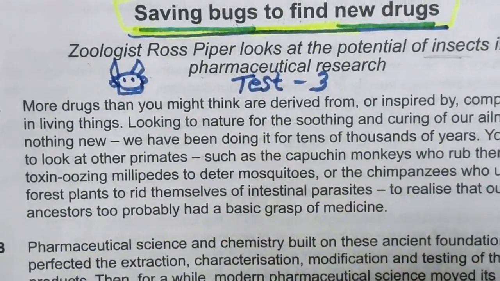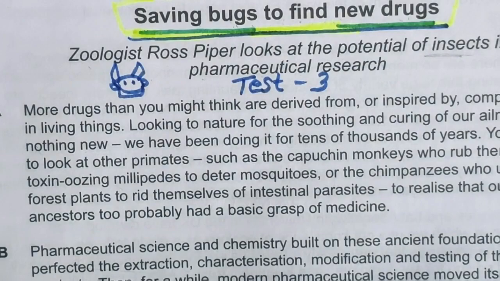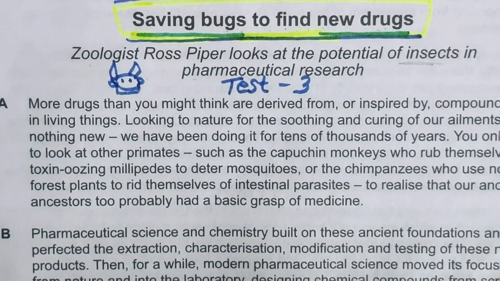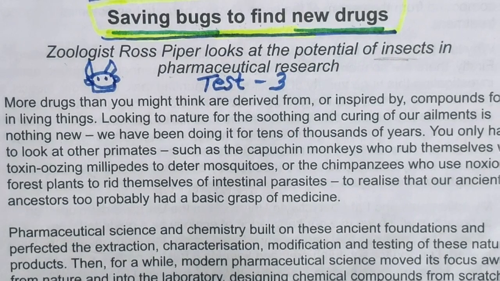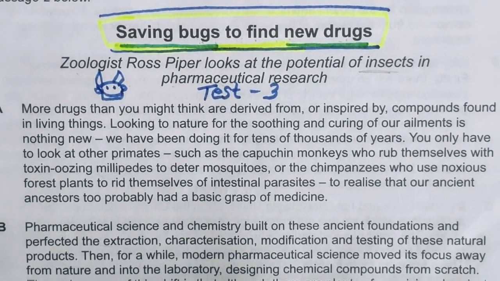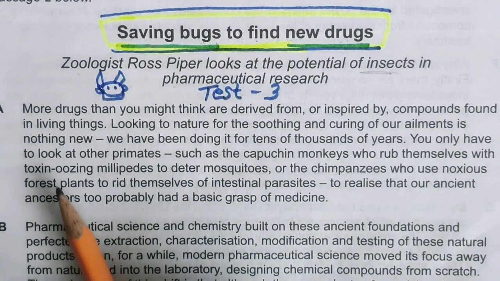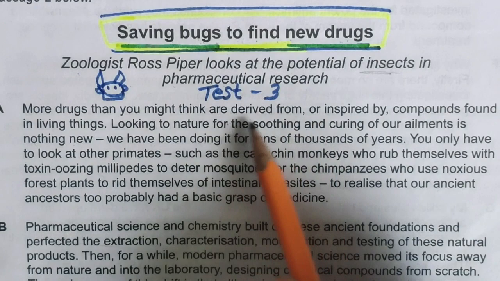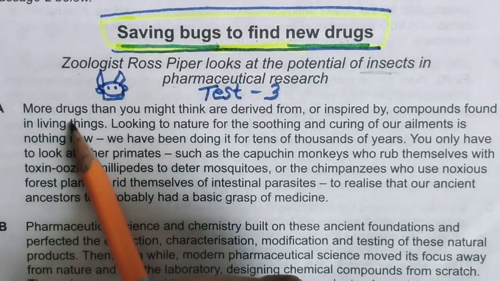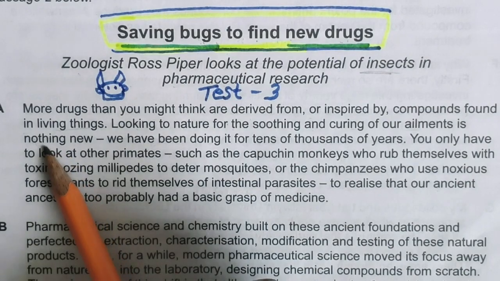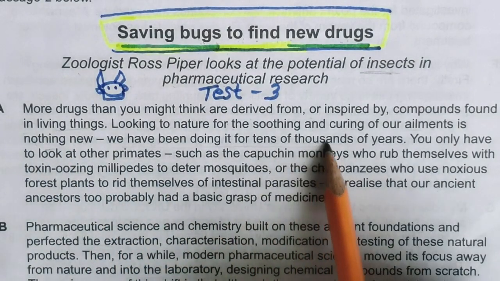First I will be reading it and try to take out the meaning of the whole paragraph. Just give me a second. Now it's easy to look at the paragraph. More drugs than you might think are derived or inspired by compounds found in living things. Looking to nature for the soothing and curing of our ailments is nothing new. We have been doing it for 10,000 of years.